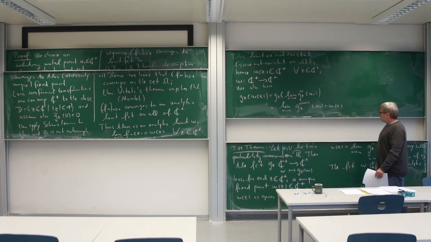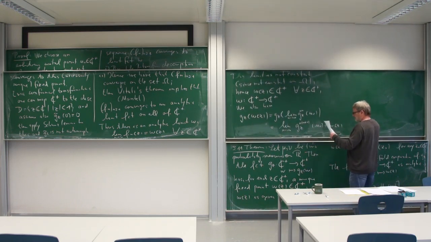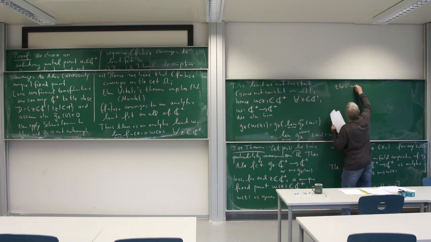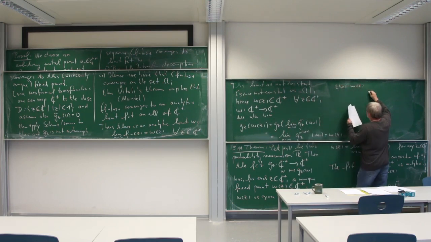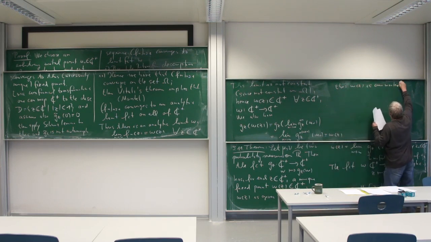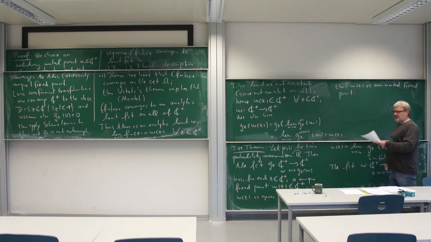So this means omega of z really satisfies our fixed point equation. Thus, omega of z is our fixed point. And of course, it's necessarily unique.